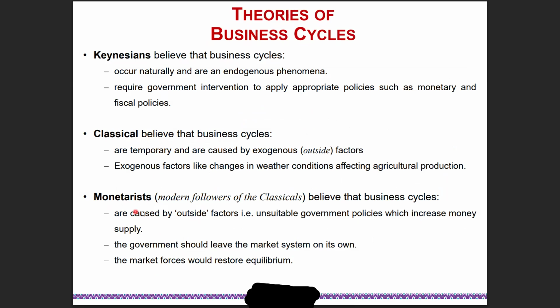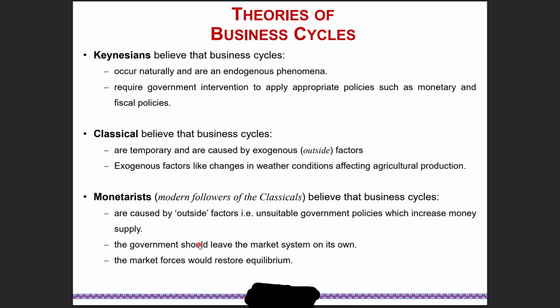Those are classical. And then we have monetarists. The monetarists believe that those fluctuations, upswings and downswings, are caused by outside factors, and that obviously the government should not intervene here, but should just let the market restore itself. They should leave the market system on its own, and the market forces will restore the market back to equilibrium.